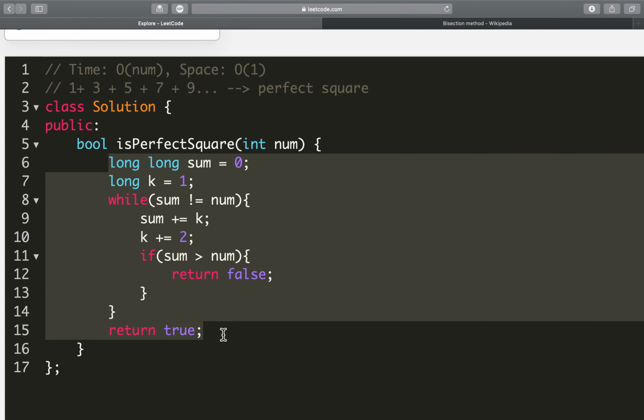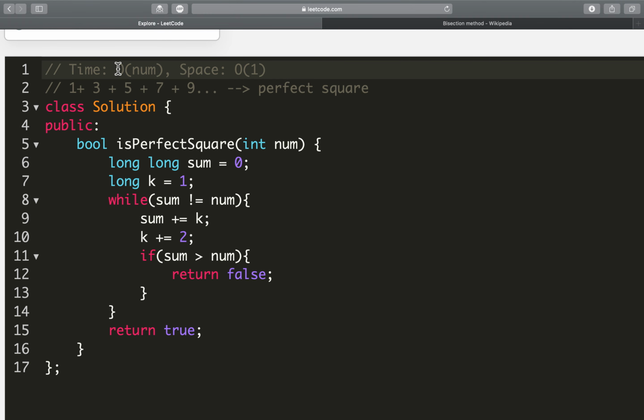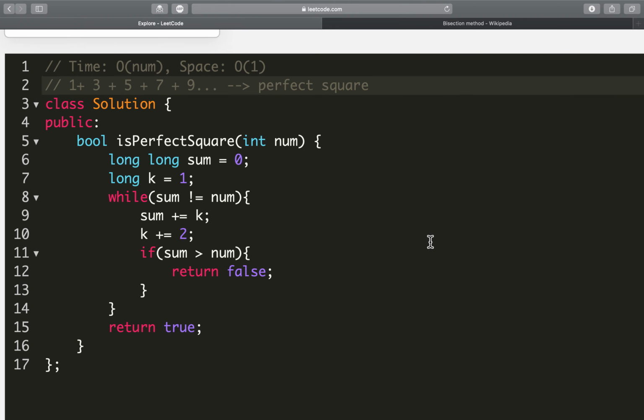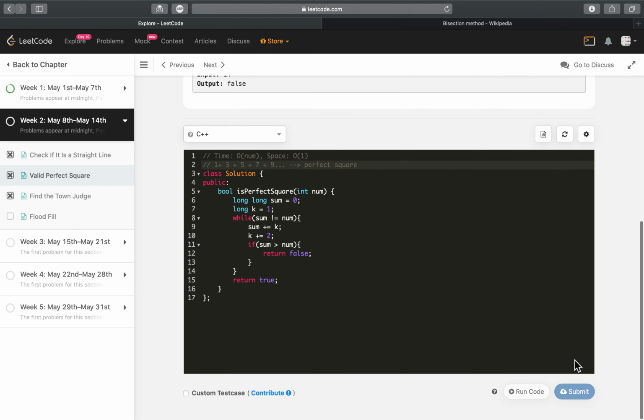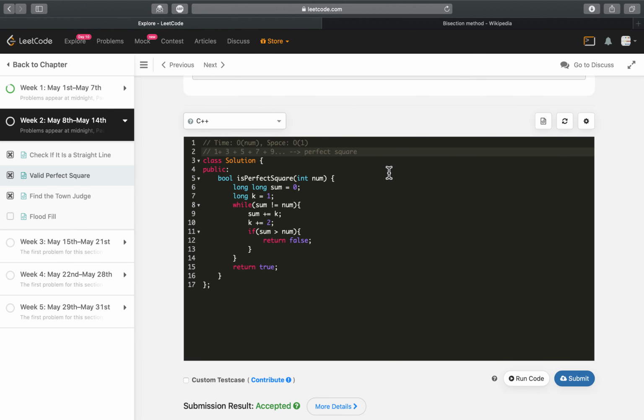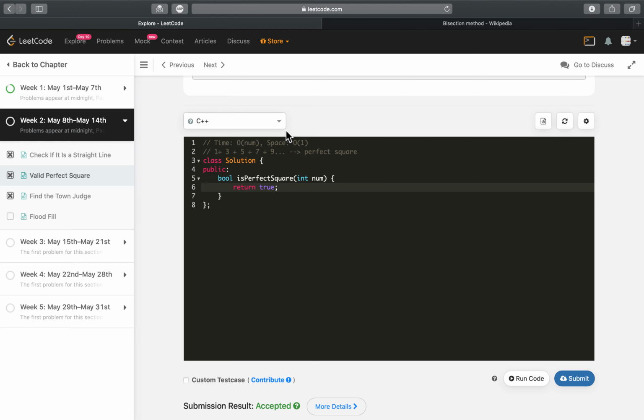The solution will run in linear time complexity, proportional to the magnitude of number, and space complexity will be constant. And this will obviously work, but it is very slow if your number is very big. So we can now optimize this to log to the base of 2 of number, and space complexity can still be constant.